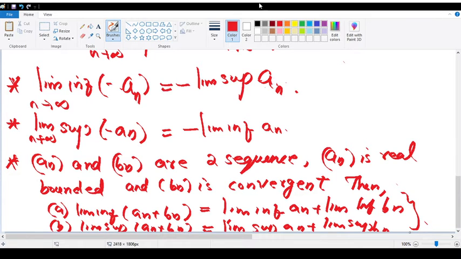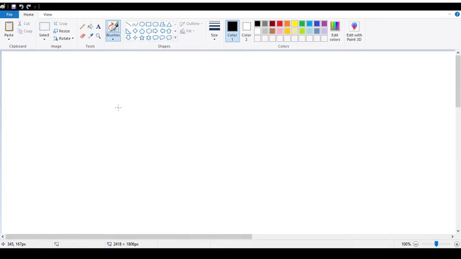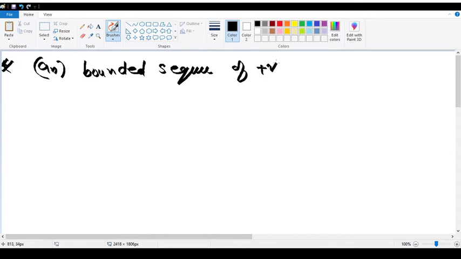Similarly, what is the product? What is limit sup of an bn? Here, an is a bounded sequence of positive reals and bn is a convergent sequence.